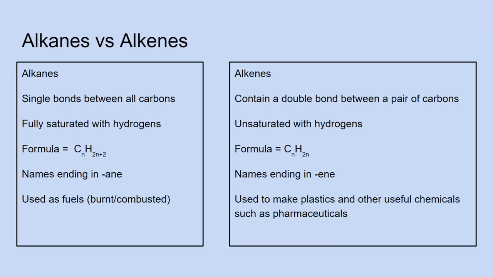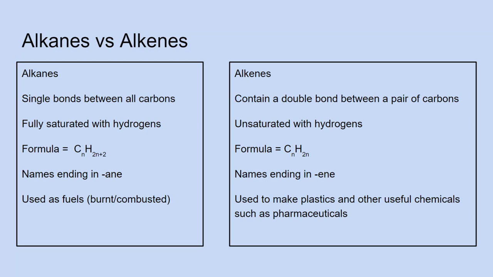So a little bit of a recap on alkanes, first of all. We know there is a single bond between all of those carbons. We know that there is no extra space where we can fit any more hydrogens around those carbons. That means they're fully saturated. We remember the formula CnH2n+2, which helps us work out how many hydrogens there are for every carbon atom.